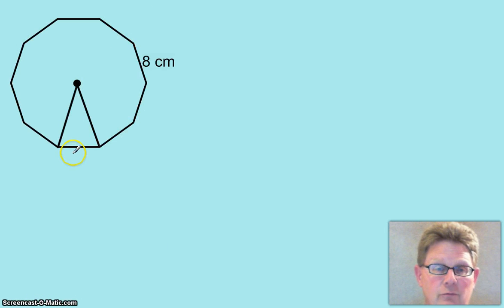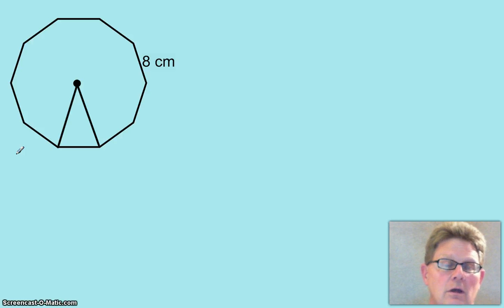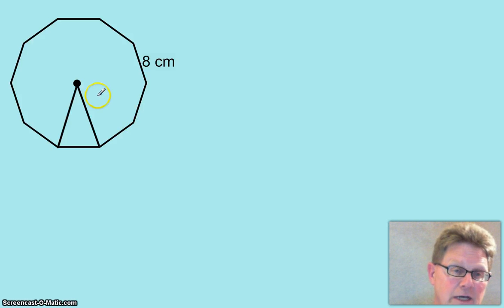This time we have a regular 1, 2, 3, 4, 5, 6, 7, 8, 9, 10, a regular decagon. I've given you the length of one side so you can find the perimeter fairly easy. 10 times 8. So the perimeter is, yeah, that's right, 80.